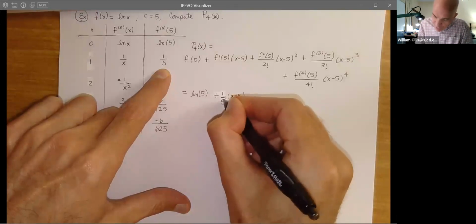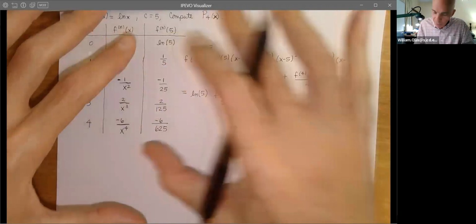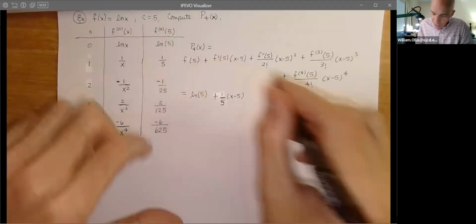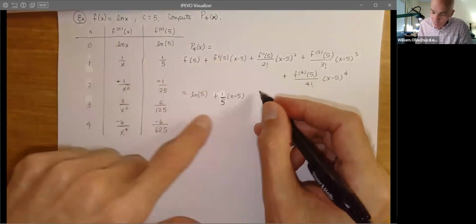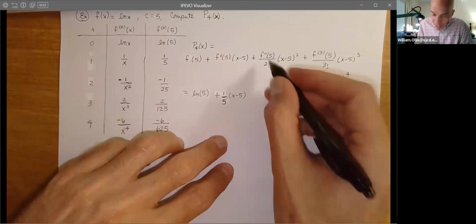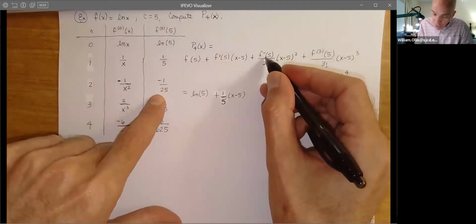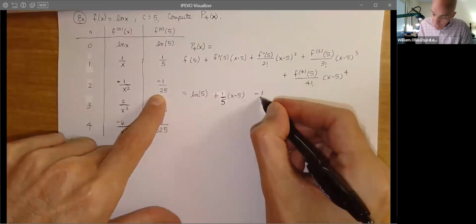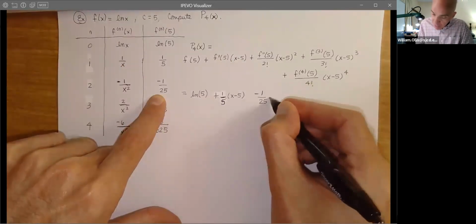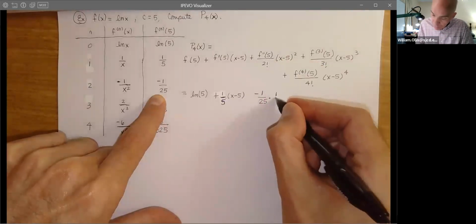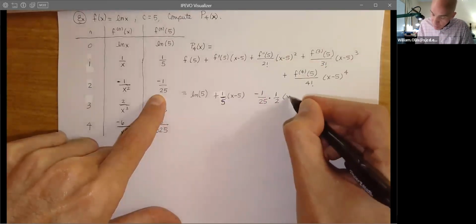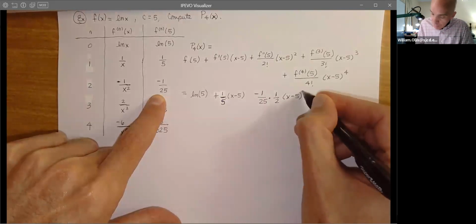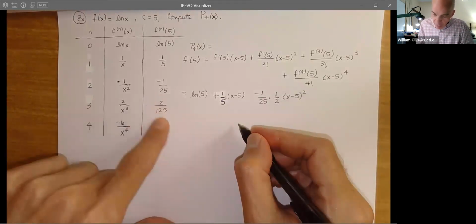It's great to have large hands for music, but small spaces aren't the best. So we have 1/5 x minus 5. And now for the second derivative here, we've got a negative 1. And then, of course, we have the 25, and then times the 1 over 2. X minus 5 quantity squared. And then move down.